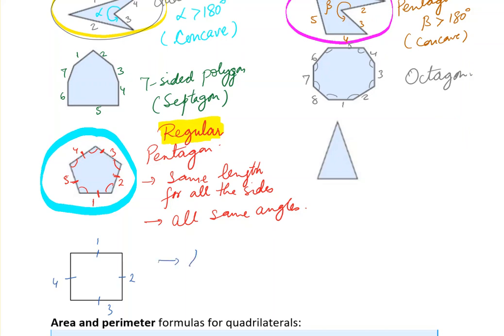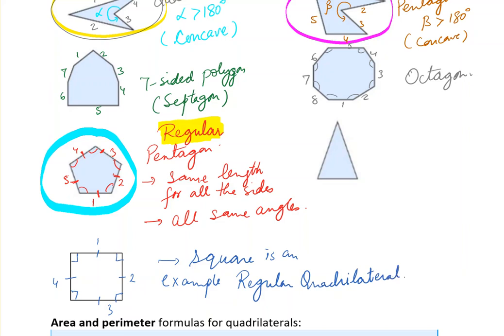So for a square, 4 sides are the same, 4 angles are the same, because every angle is 90 degrees. So this is an example of a regular quadrilateral, because it has 4 sides. So square is an example of a regular quadrilateral.